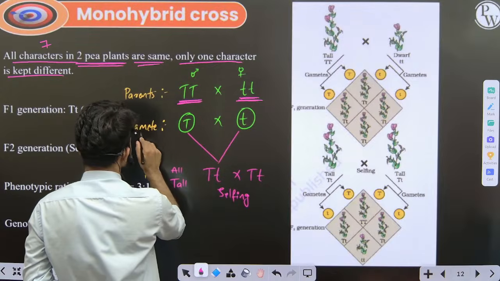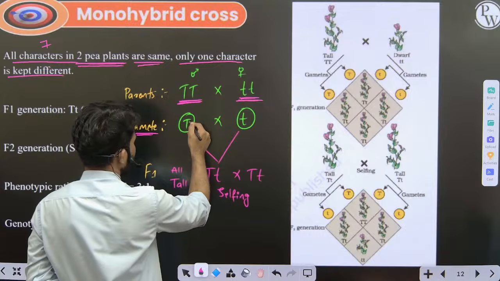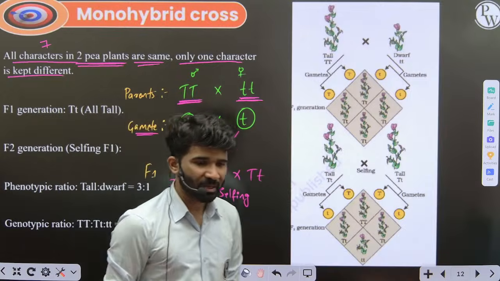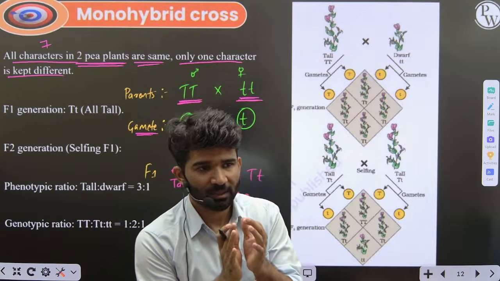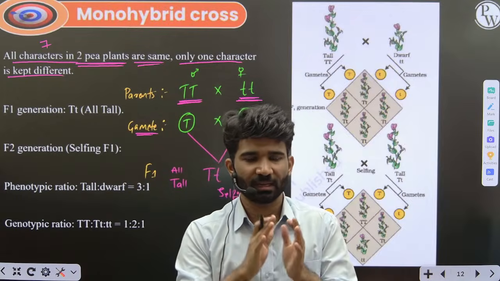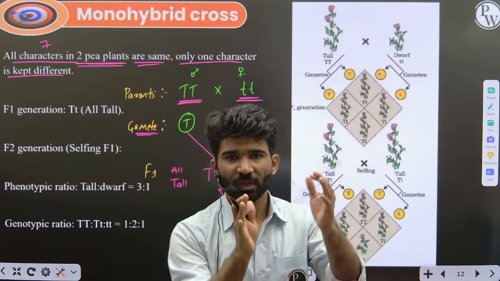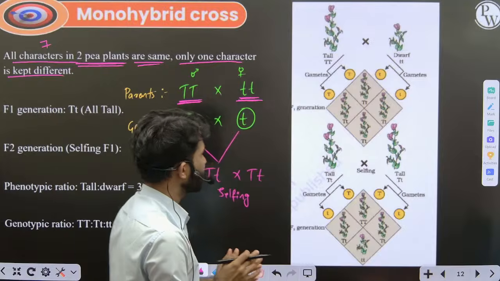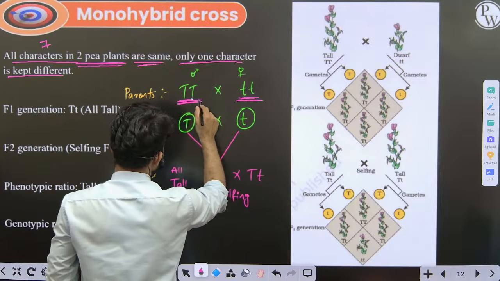Consider the parent, which will give a gamete. Parents have a pair of alleles. Why is it a pair of alleles? Because you have a diploid set of chromosomes, right? If you have 14 chromosomes, half come from the maternal side and half from the paternal side. So the diploid organism has a pair of alleles.